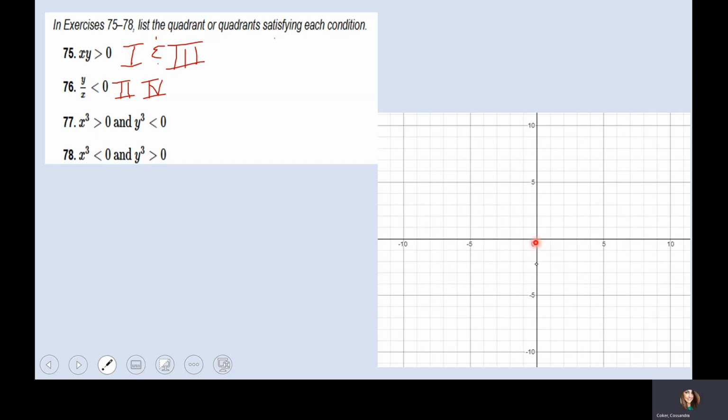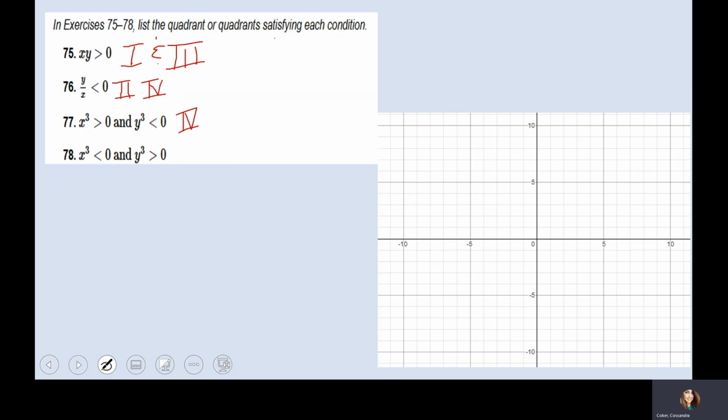And now I know I'm not using this part of the y because it's not satisfying this part. So that leaves quadrant 4. If I raise any of these x values to the 3rd power, it comes out positive. Raise any of these y's to the third power, it comes out negative. So the only quadrant in this case is quadrant 4.